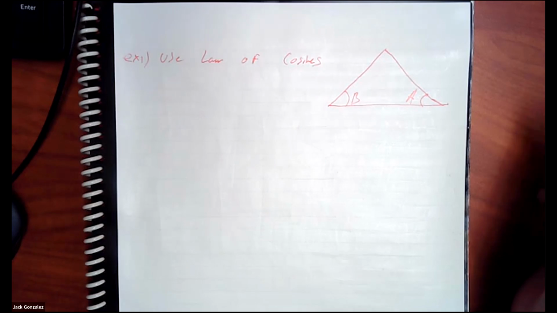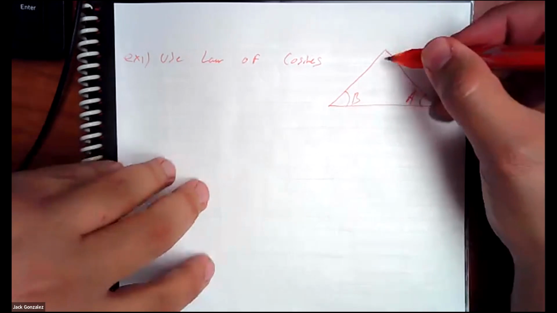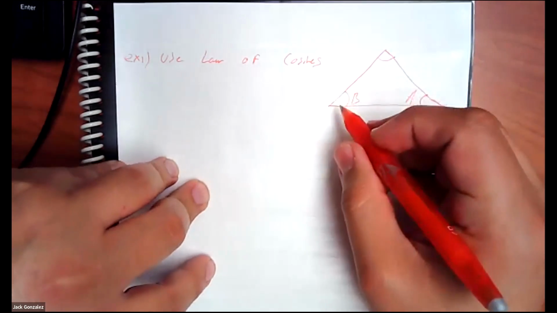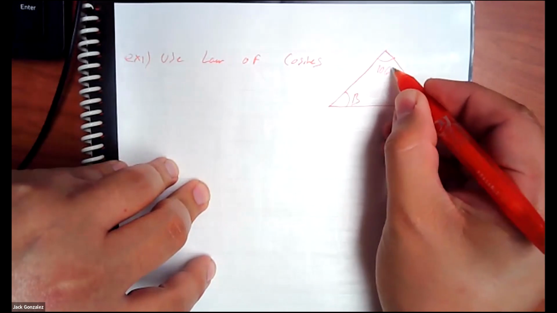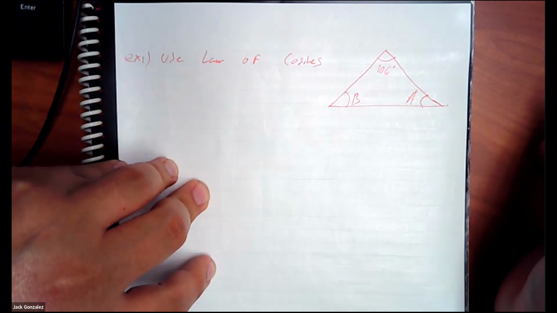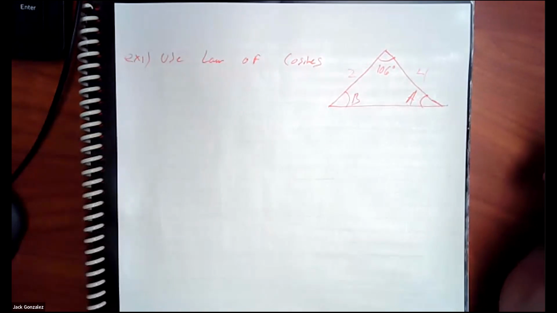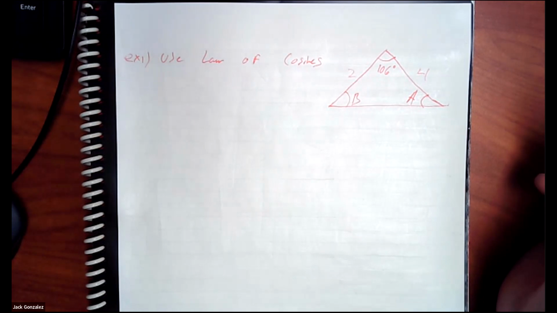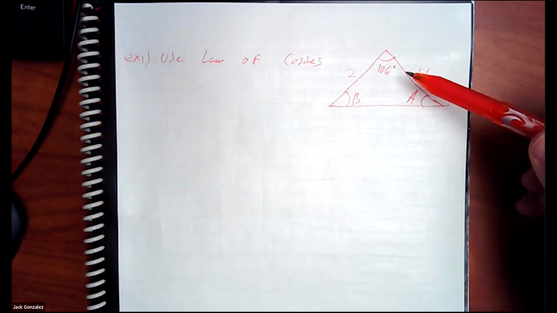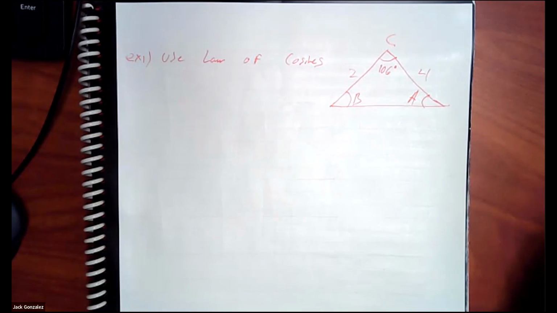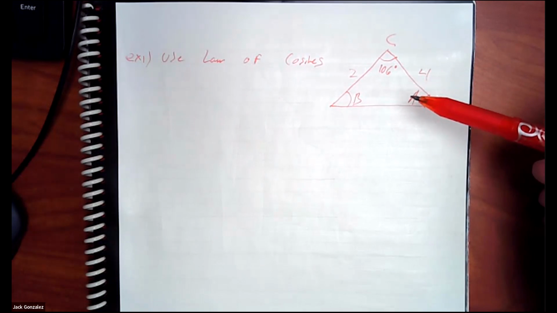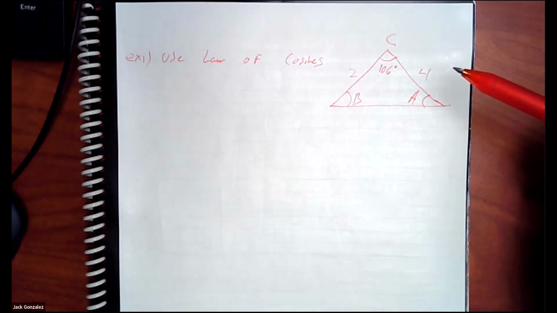All right. So A, B, 106. It's 2 and 4. Okay, so that's angle C. I think that's what the homework set up. It's a little different from the formula, but it doesn't really matter. So we have angles.